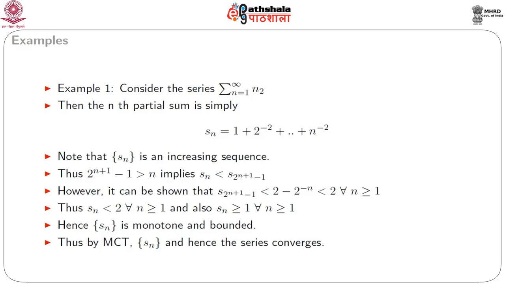Therefore, we find that Sn is monotonically increasing and at the same time it is bounded. Therefore, by the monotone convergence theorem for sequences, we can say that Sn is convergent, and hence the corresponding series, that is the series summation n from 1 to infinity of 1 by n square, converges.